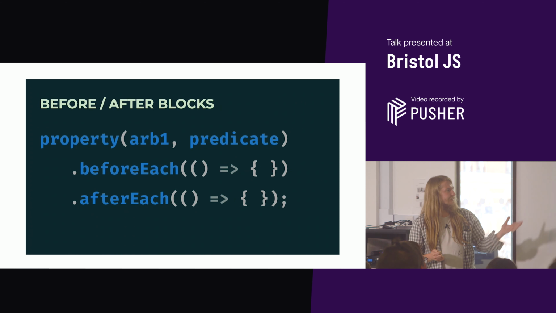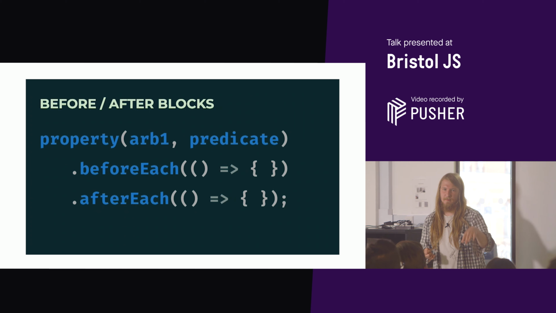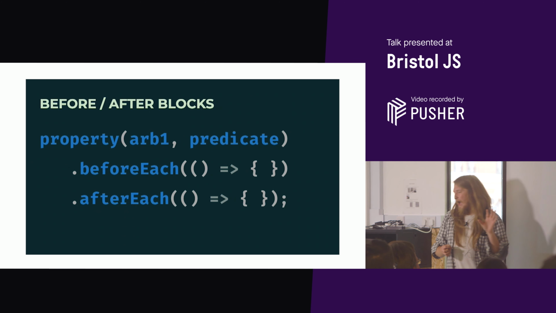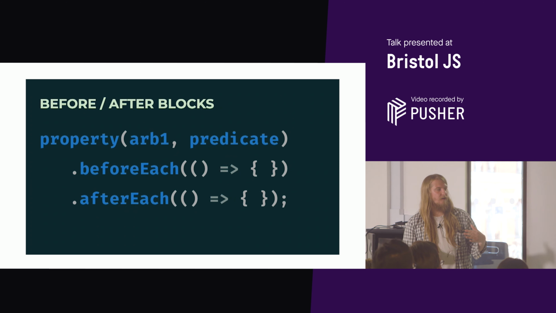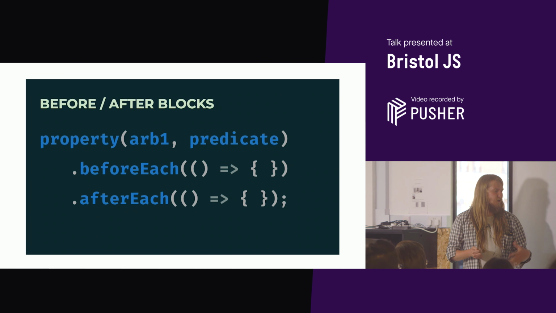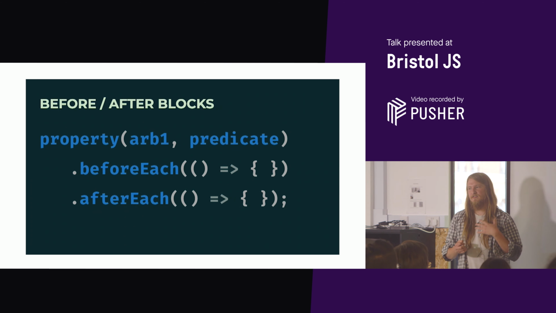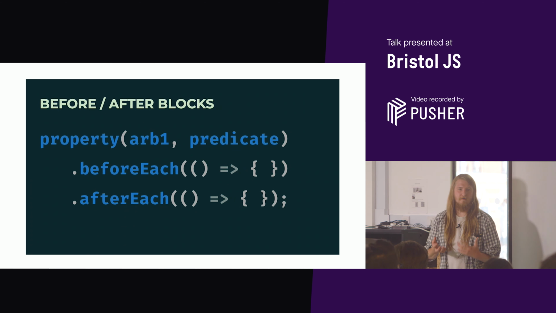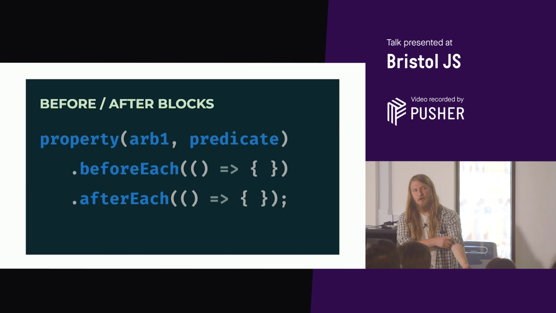FastCheck gives you some facility here. It gives you these before and after functions where you can essentially copy-paste your setup and teardown stuff in there. However, I would suggest that teardown and setup functionality is essentially mutating global state. That's why spies and mocks are a workaround. They're a spider to catch a fly. And actually, you're better off not doing that at all.